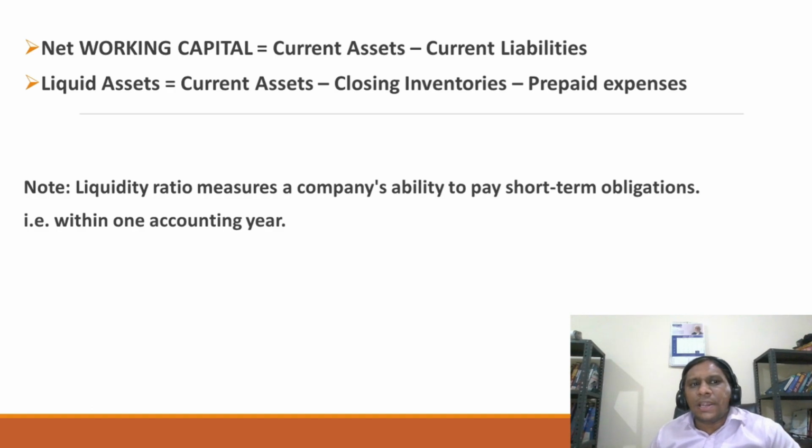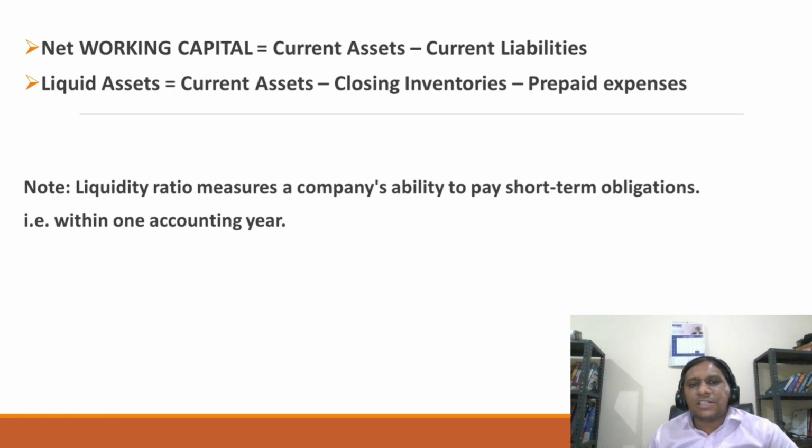How to calculate liquid assets if current assets are given? Liquid assets is equal to current assets minus closing stock, or inventory, which is one and the same thing, minus prepaid expenses. Dear children, this is a very important thing to note.